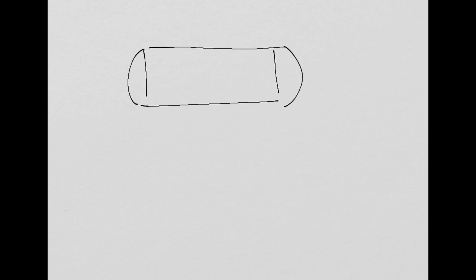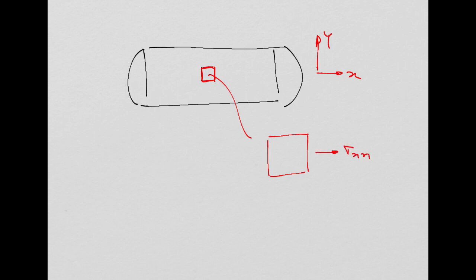Well, just very quickly. If you look at an element on the pressure vessel, with x direction and y direction as global directions, it will have a sigma xx, because the pressure inside is hitting these walls and producing a sigma xx stress.